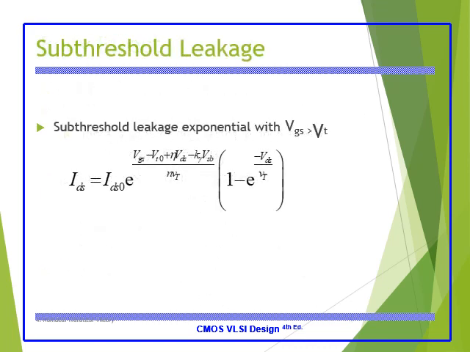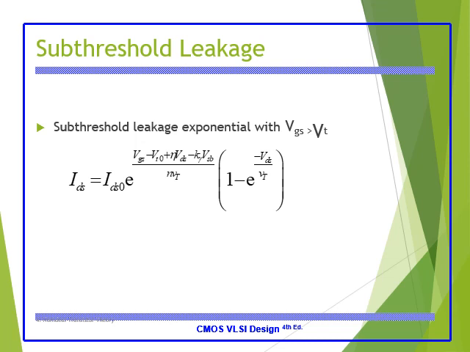Next, subthreshold leakage. It is the leakage current when VGS is less than VT. VGS is the gate to source voltage and VT is the threshold voltage, and we reach the limit IDS equal to IDS0 e power (VGS minus VT0 plus eta VDS minus k gamma VSB) divided by (eta times vT), times (1 minus e power minus VDS divided by vT).